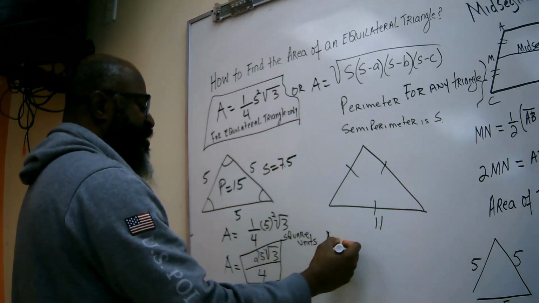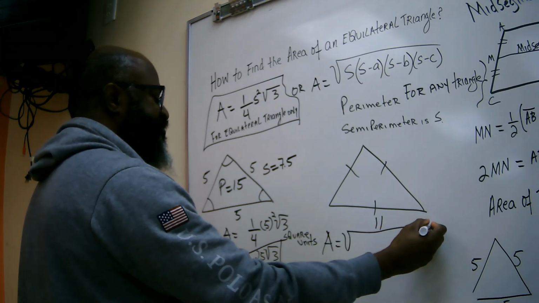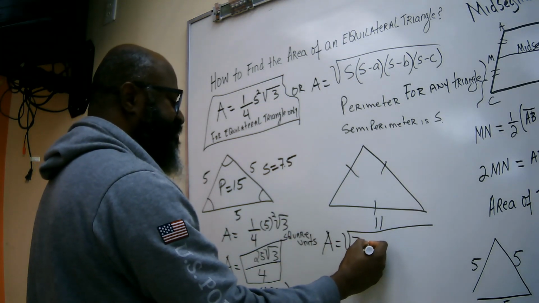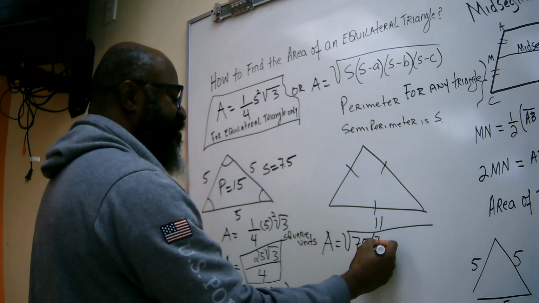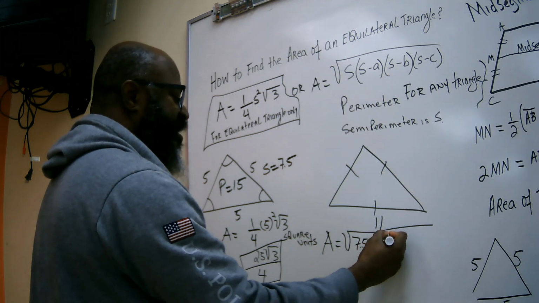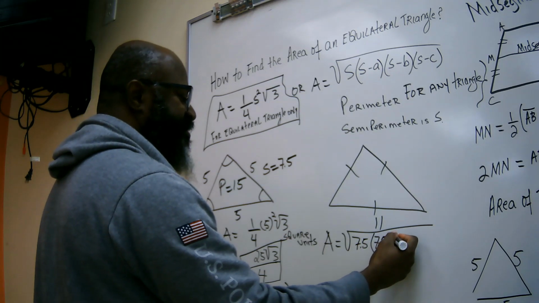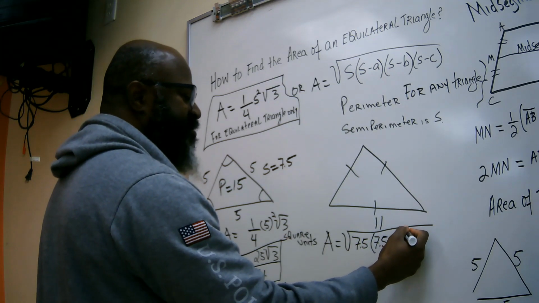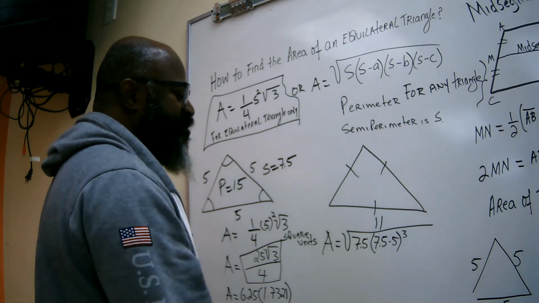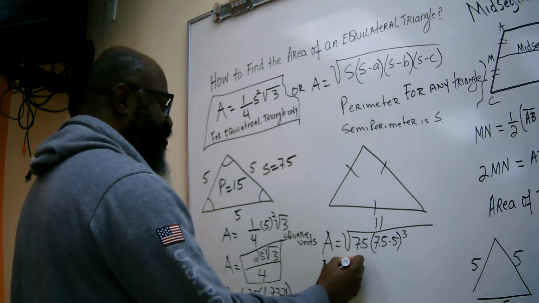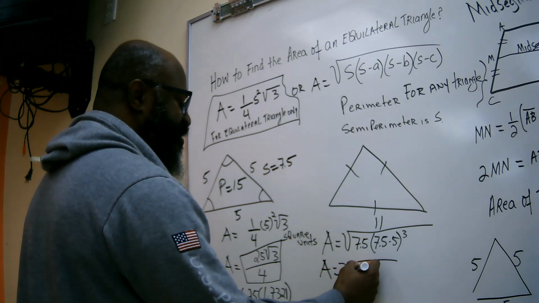Then you should end up finding the same value. In this case, that will be square root of 7.5, which is s, times 7.5 minus this side, which is 5. Then you'll have to cube it, because if you do that 3 times, you will get the same answer.